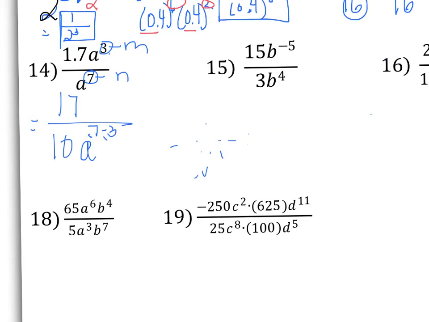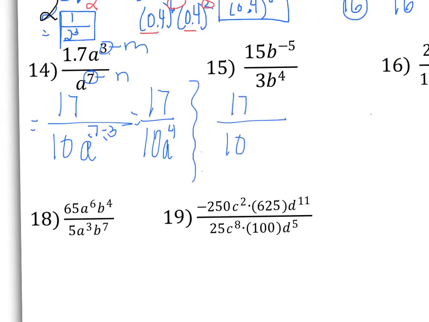One second, let me erase this. And then when we move forward, we have 17 over 10 a to the 4th power. Okay, and you can also think this way. So 17 over 10, this is another way. A to the 7th power, and because this is the smaller one, I'm going to bring it down to the denominator. And then I'm going to use the product property and add my powers, 7 plus negative 3.